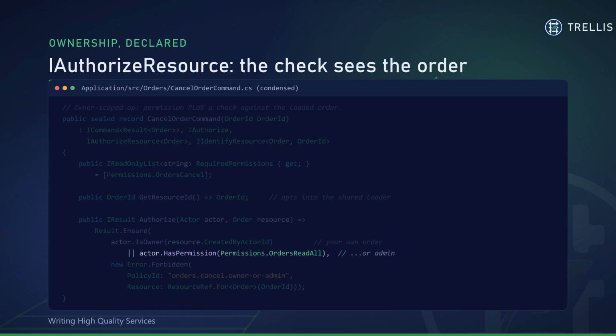Anything else is a 403. The framework runs this at the right moment, after the order is fetched, before it's canceled. So the two layers compose cleanly, permission first, then ownership, and both are declared on the command, readable in one place. Instead of smeared across the handler as hand-rolled if statements everyone forgets to keep in sync.